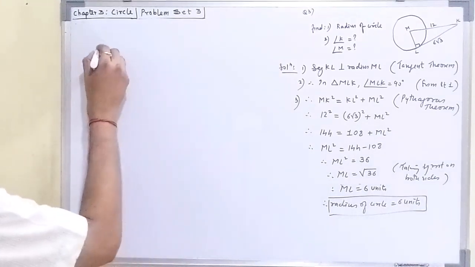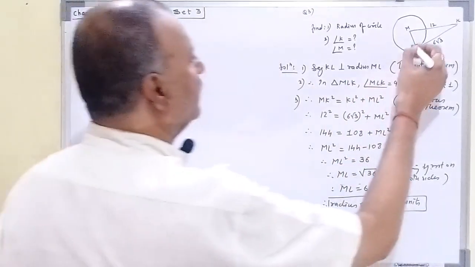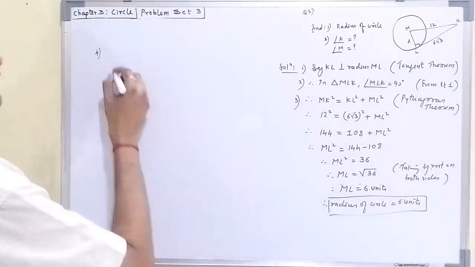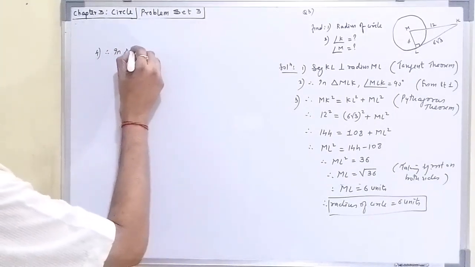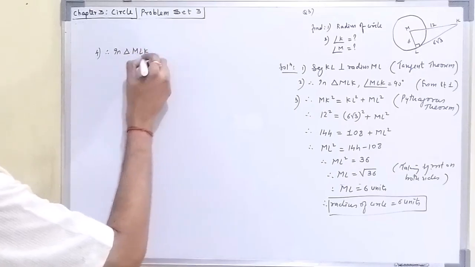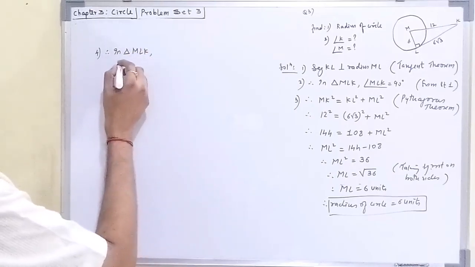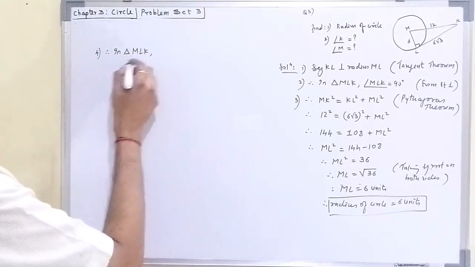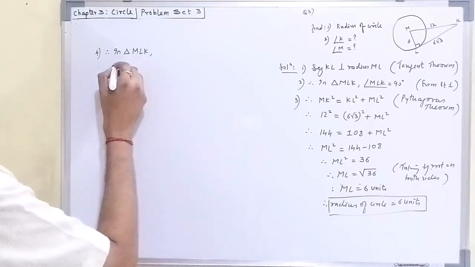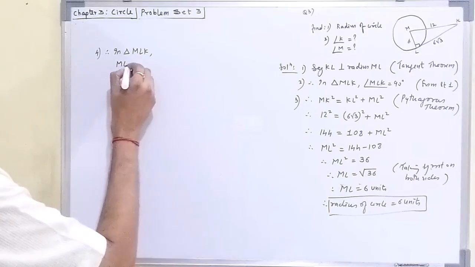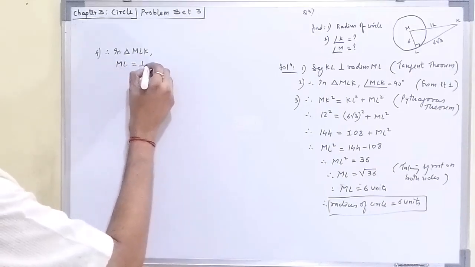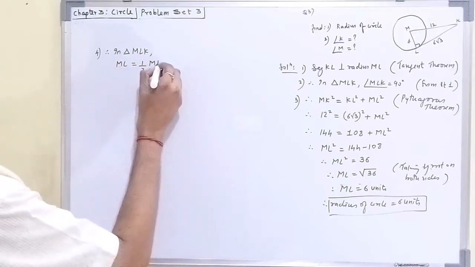Statement number 4. See, this is 6. Therefore, in triangle MLK, ML is equal to half MK.